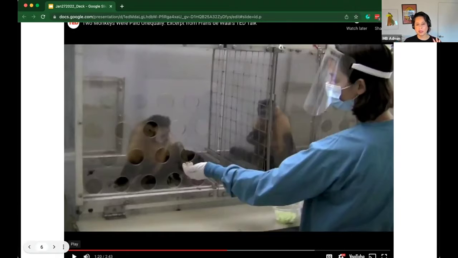But they are also willing to eat cucumbers. They don't love cucumbers, right? It's basically water. They love grapes. And so you're about to see what happens. The monkeys each have a task to do. It's something really simple. The researcher is going to give them a rock. The monkey has to return the rock back, and then they get a prize. Okay.